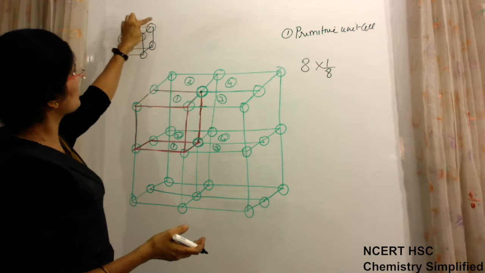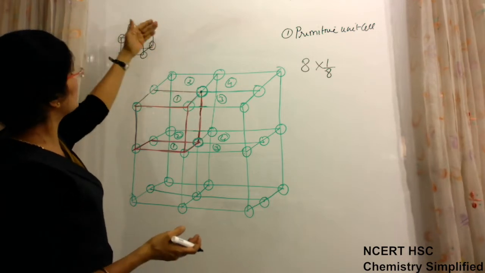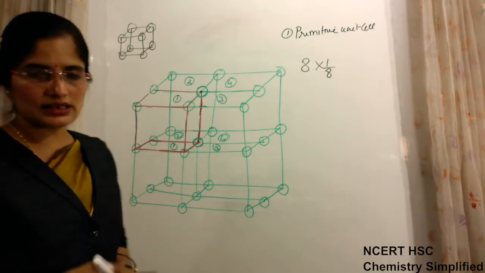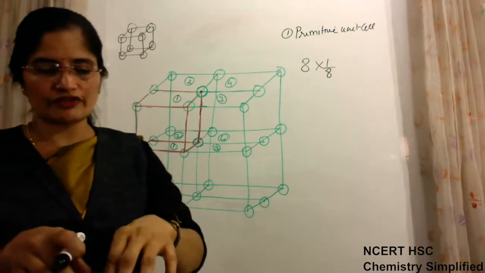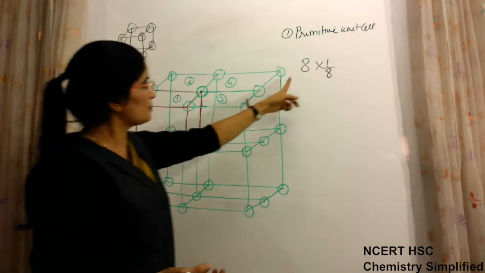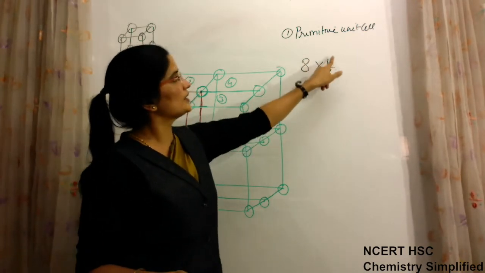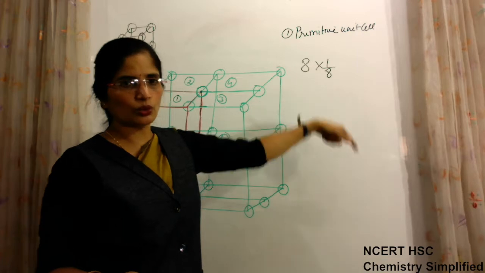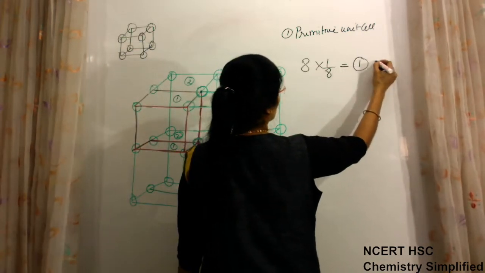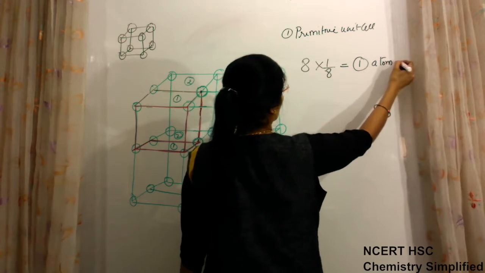So these particles are shared from this side, from top, from back side, from front side, like 4 cubes placed side by side. So 8 particles, and each particle is 1/8 share only. That means the total share is 1 atom or particle.